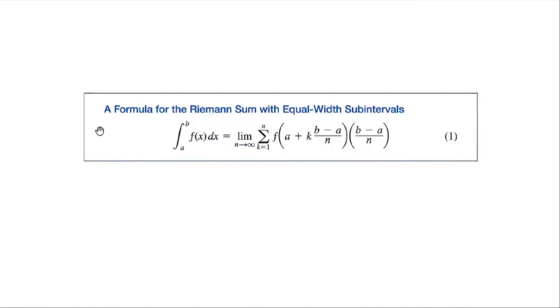Now, while taking a partition of this interval ab, if we take subintervals of equal width, a formula for the Riemann sum with equal width subintervals would look like this.